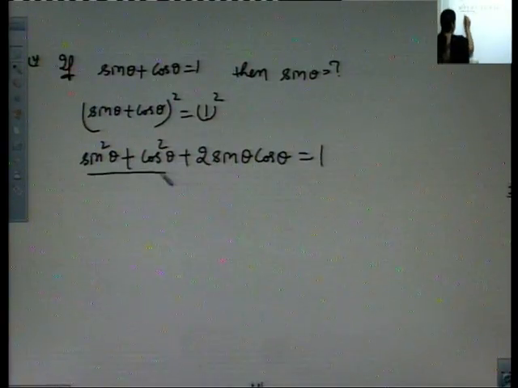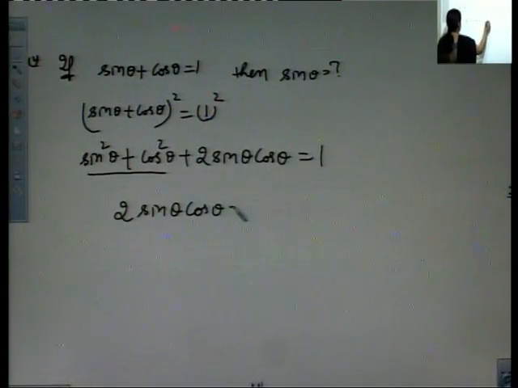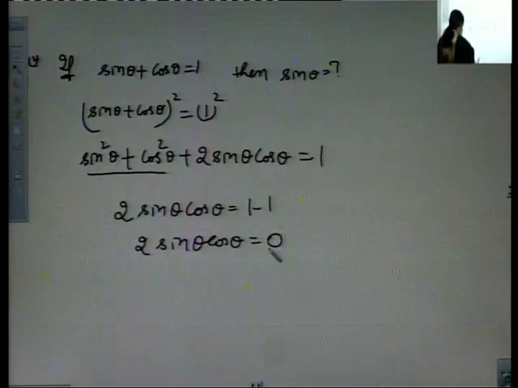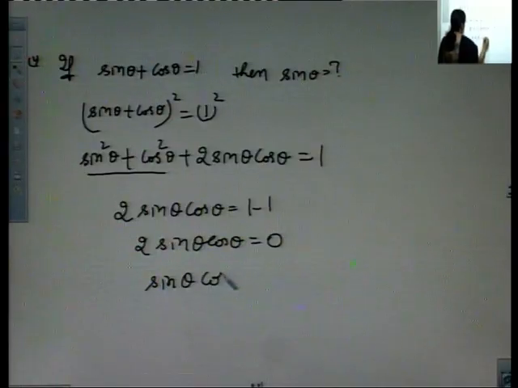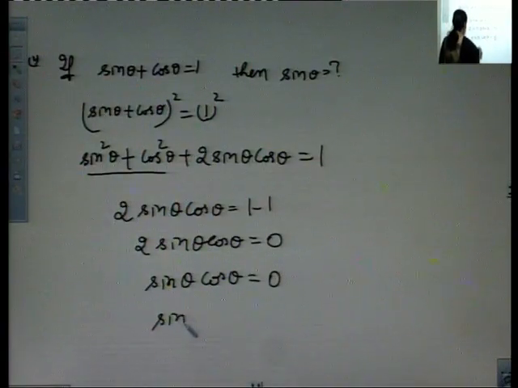So, 2 sin theta cos theta is equal to 1 minus 1, which is equal to 0. It means sin theta into cos theta is equal to 0. If product of two numbers is 0, then either sin theta equal to 0 or cos theta equal to 0. So, we get the answer sin theta is equal to 0.